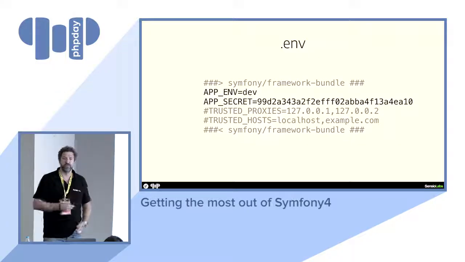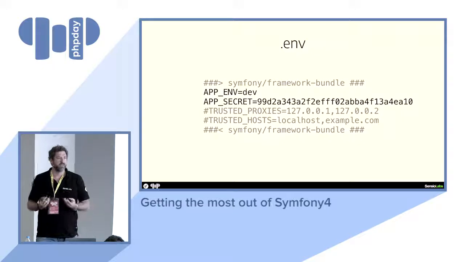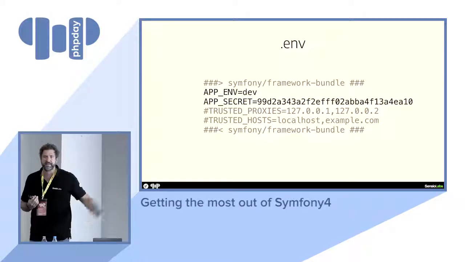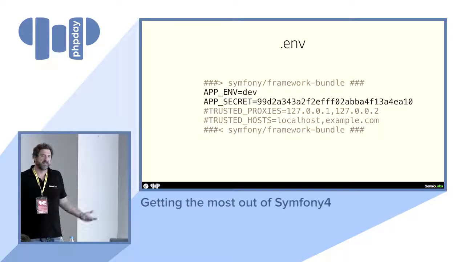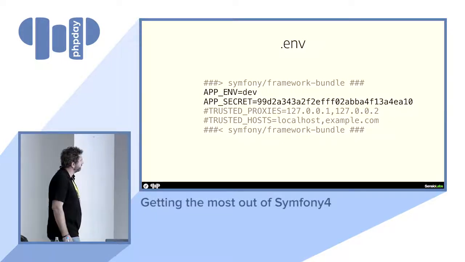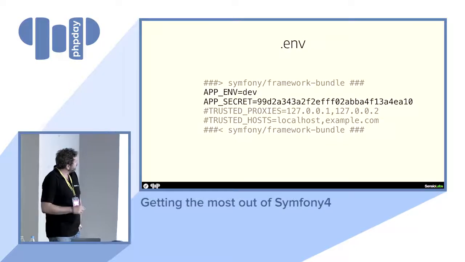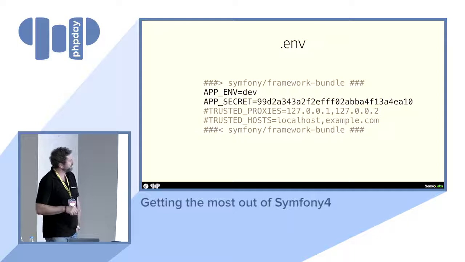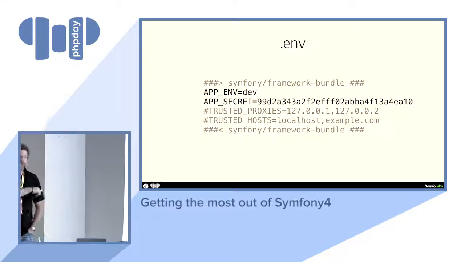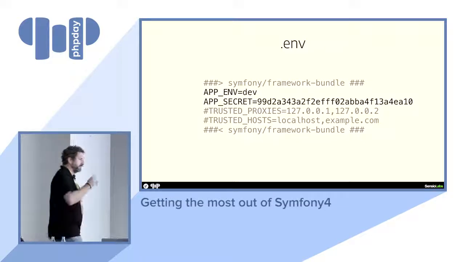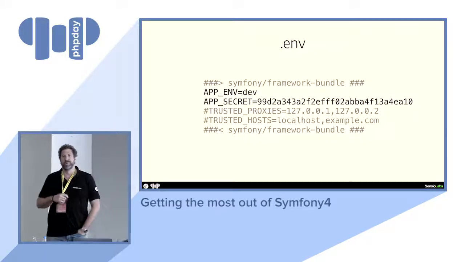You can source that on the shell if you want to run command line tools and have the same environment settings. So it's very standardized and therefore pretty useful. You see in these delimiters that Flex added something here, but you can add your own stuff that will not be touched by Flex. So this basically, in simple terms, replaces your parameters.yaml.